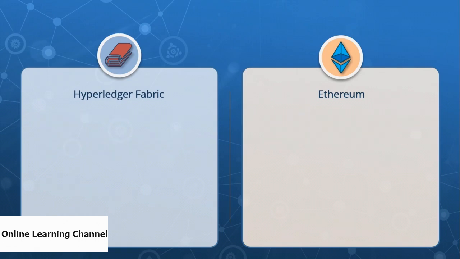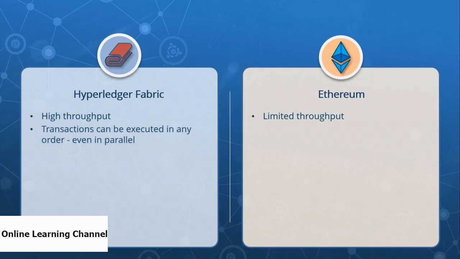On Hyperledger Fabric, transactions can be processed at a much higher rate. That is, it has a rather high throughput, whereas with Ethereum, it can only process about 3 million transactions per day, which is very low for many enterprises. An important reason for the high throughput in Hyperledger Fabric is that the transactions can be executed in any order, even in parallel.